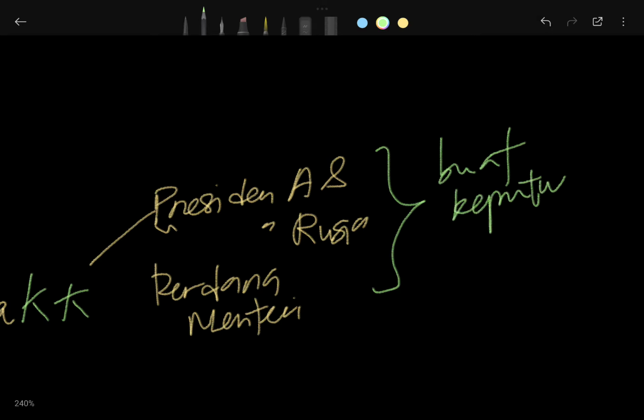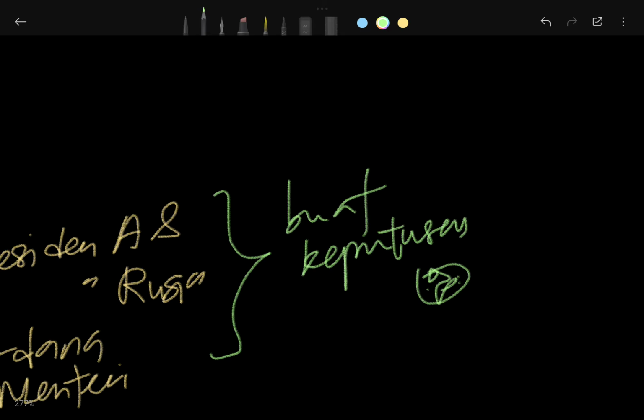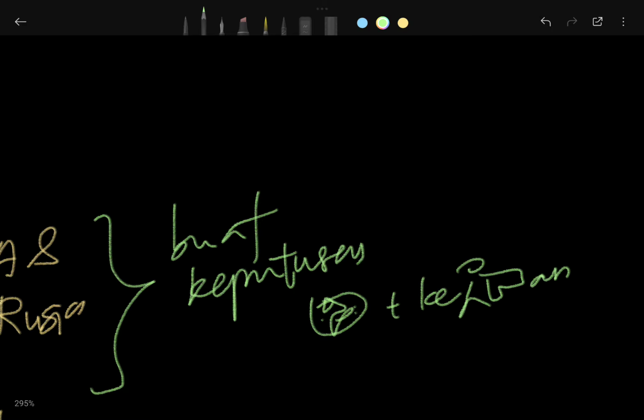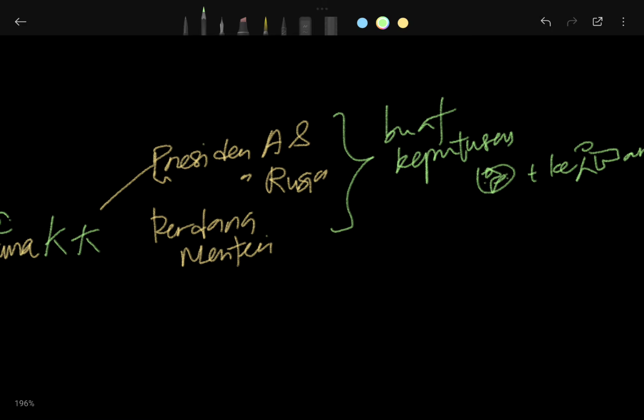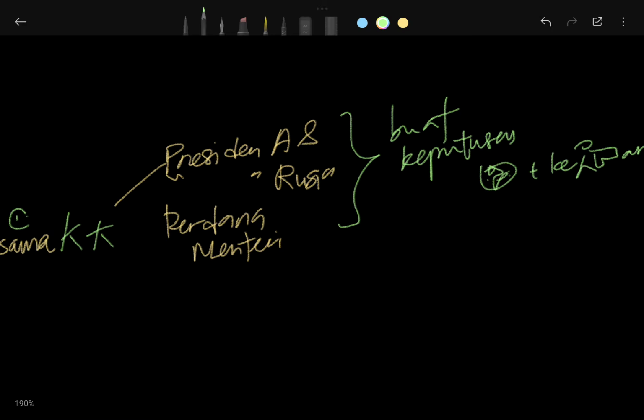They were like, okay, we need to resolve this. Keputusan politik dan ketenteraan. They were like, okay, we need something military-wise that can help with whatever political disaster we have.